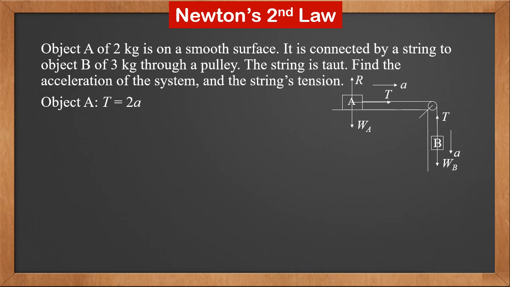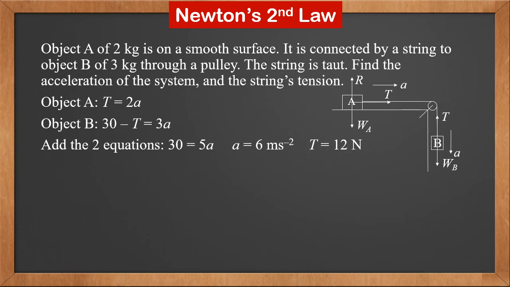So T is 2a. For object B, WB minus T is 3a. So 30 minus T is 3a. Add these two equations, we get 30 equals 5a. So a is 5 meters per second squared, and T is 12 Newton.